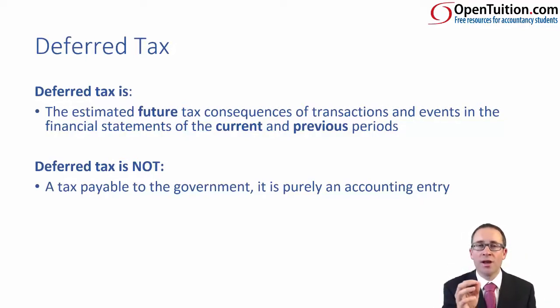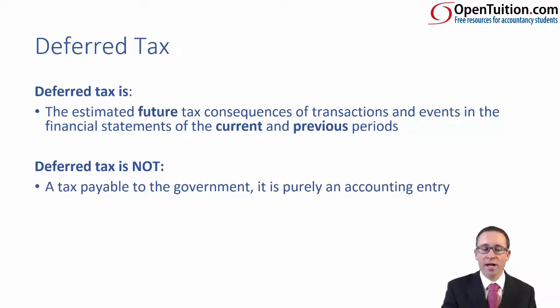We do not, and I repeat, we do not, understood? We do not change the tax payable balance. Whatever we've calculated as the tax payable balance to the tax authorities remains. We don't change it. But we're accountants, so we like to change things within the financial statements, with regards to deferred tax, the future tax consequences that we account for today.